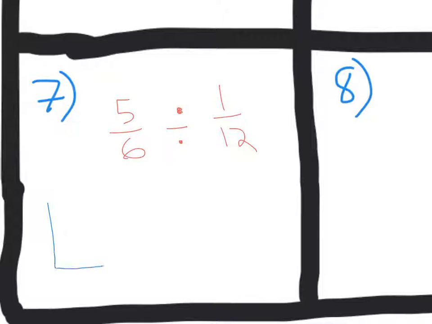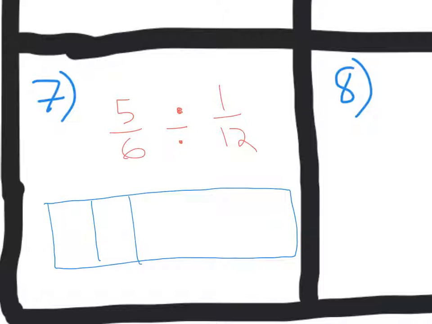And then I'm going to break it up into 6 pieces. And there we go. We've got 1, 2, 3, 4, 5, 6. And we're only concerned about 5 out of the 6, so I'm going to draw little squiggly lines over 5 out of 6.